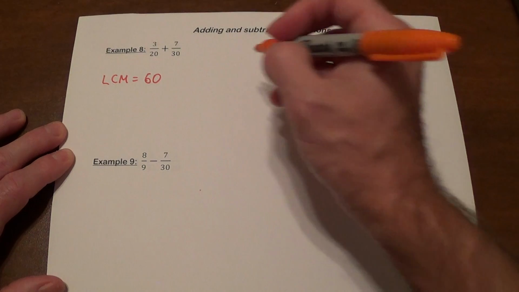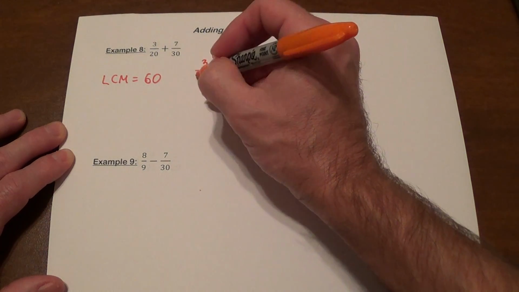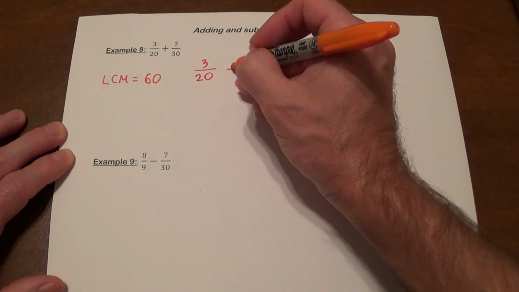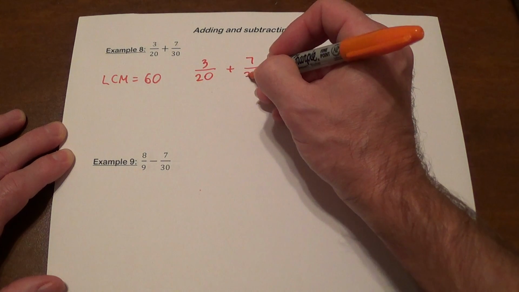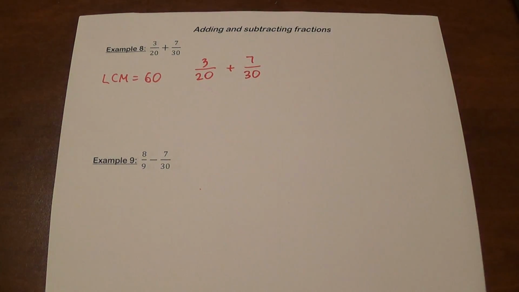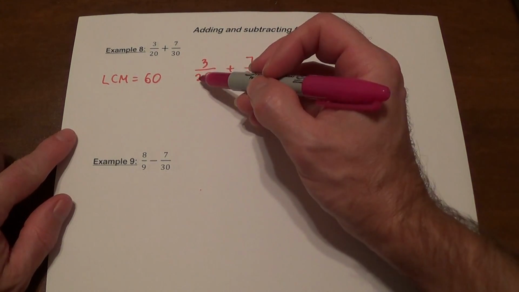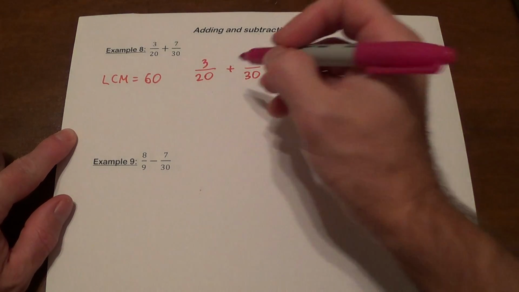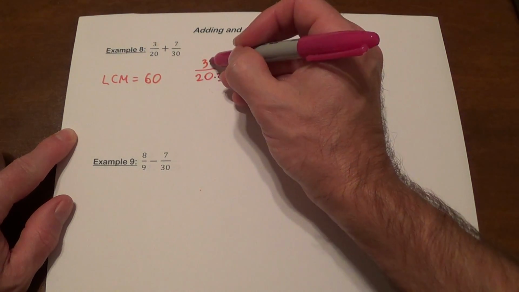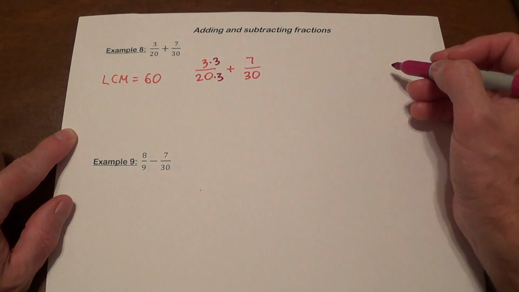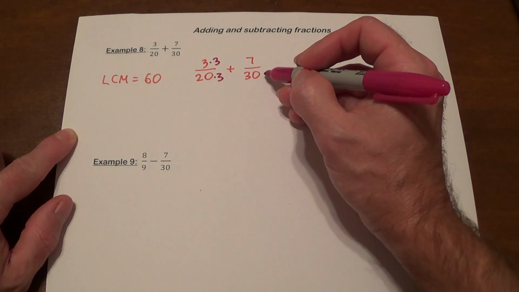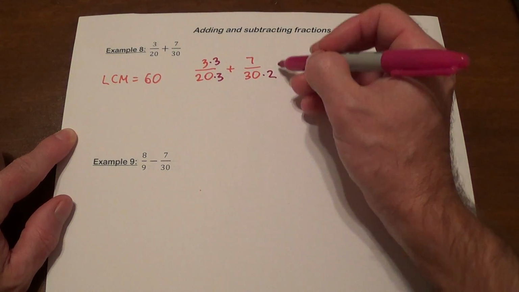So now in this case we're going to have to multiply both fractions by a number, not necessarily the same. Well, most of the time it's not the same. So you're going to have to figure out a number for each fraction. What do we need to multiply 20 by to get 60? That will be 3, numerator and the denominator. What do we multiply 30 by to get 60? Times 2.